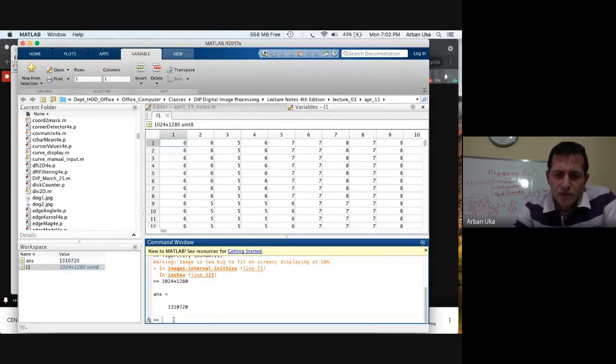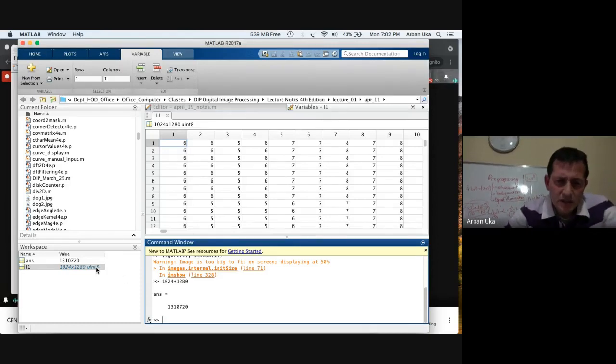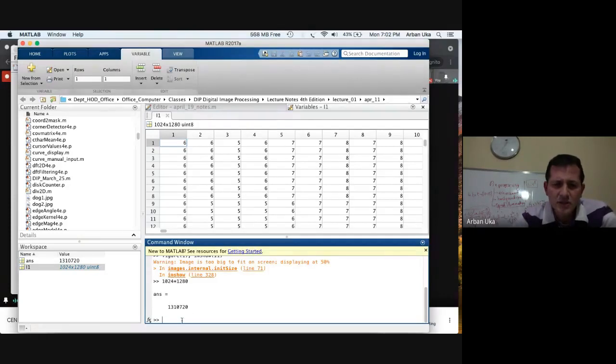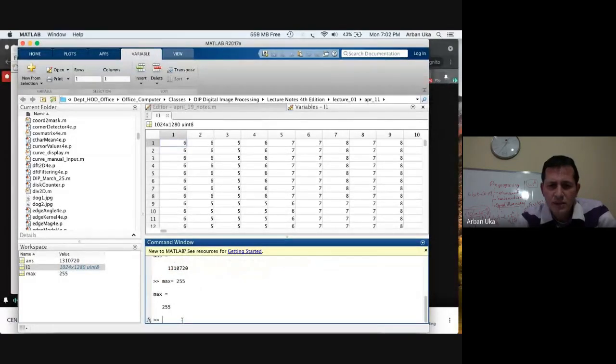So these two multiplied together, we get something which is higher than 10 to the power 6, which is 1.3 million different pixels. And we see that it is unsigned integer 8. So if this is unsigned integer 8, that means that the maximum possible value of the intensity would be equal to 255. This is what the maximum value would be.